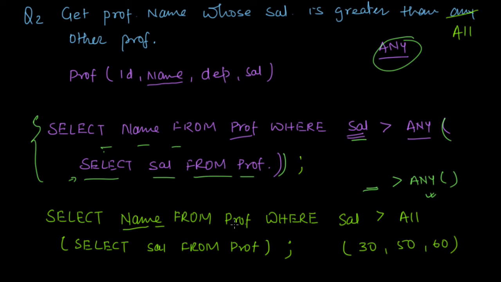Now when we compare the record for which the salary is 60, in that case also the condition salary greater than all the values will not be true, because 60 is not greater than 60. 60 is greater than or equal to 60. So here we have to take greater than or equal to. When we take greater than or equal to, then it will return the name of the professor whose salary is maximum. I hope you understand it.